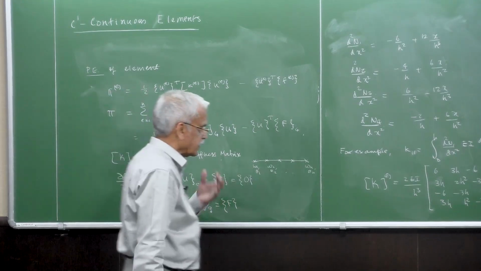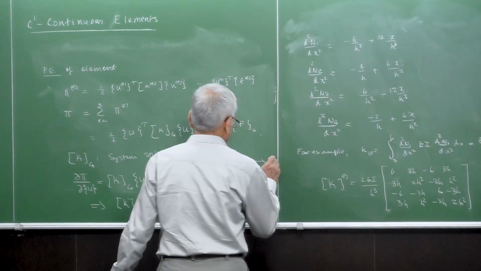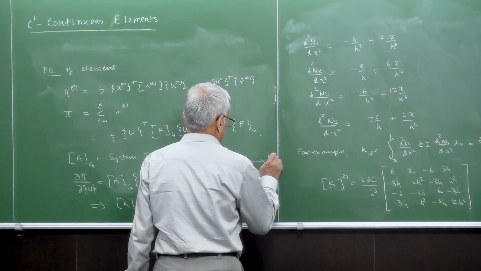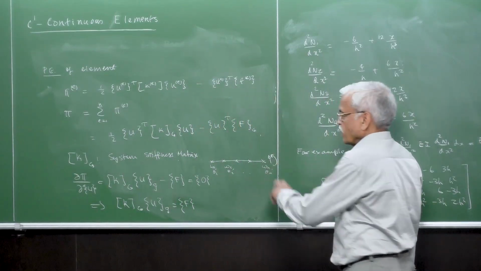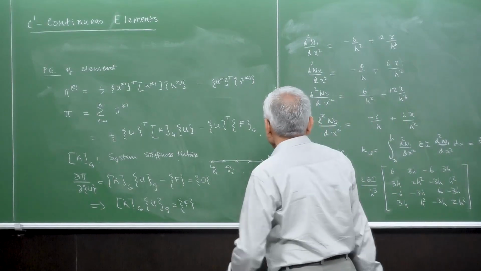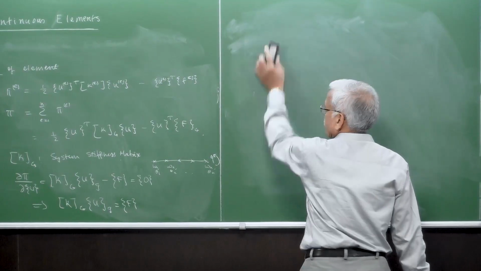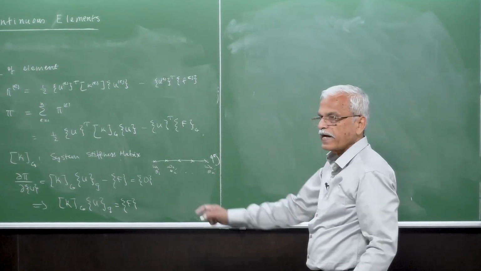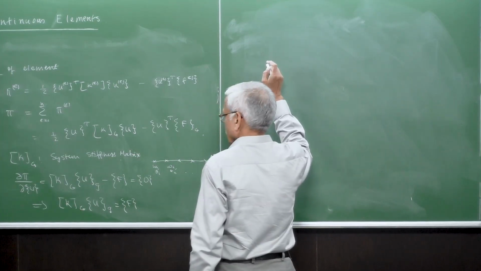So one thing that can be added here is that if you have a nodal concentrated force and a concentrated moment, they should be shown against the deflection and the slope. Let me explain it to you.